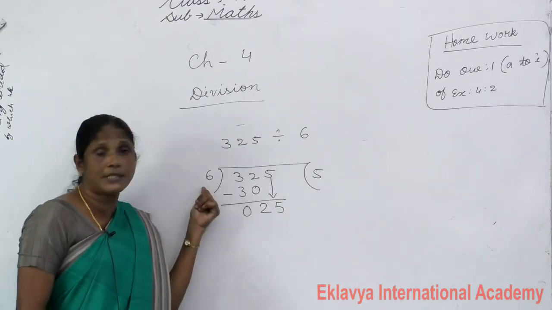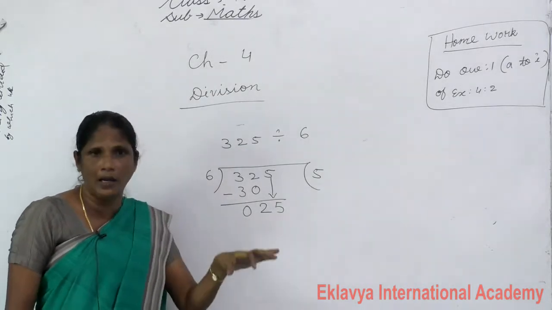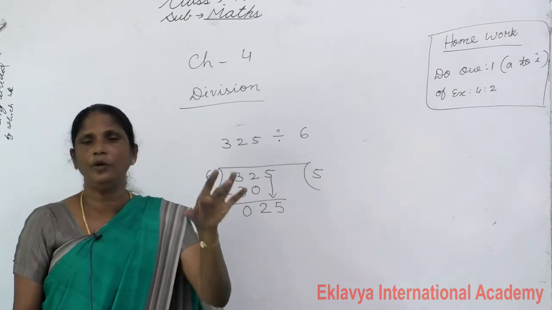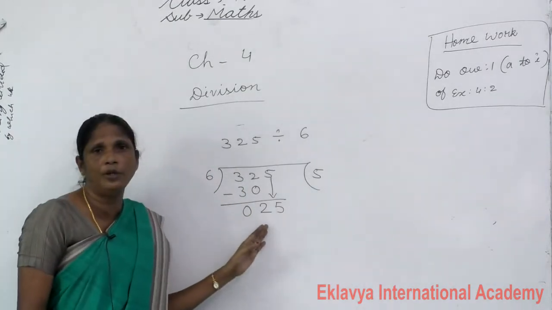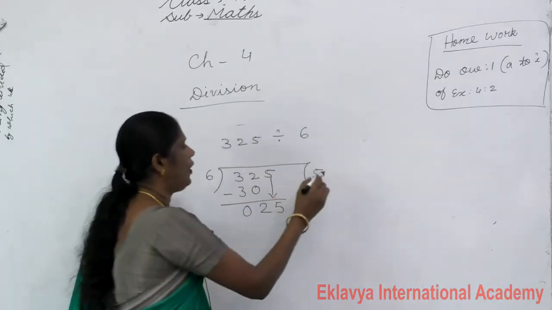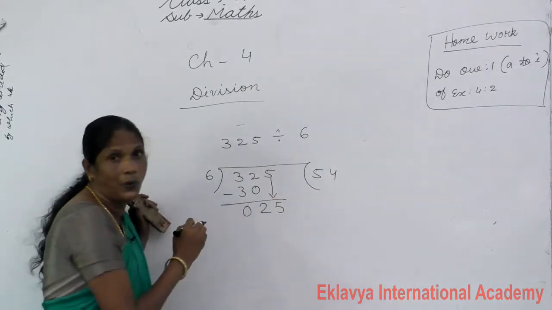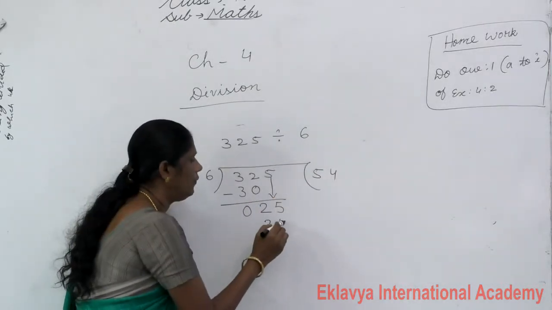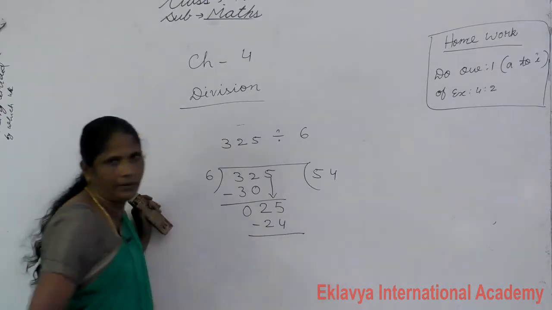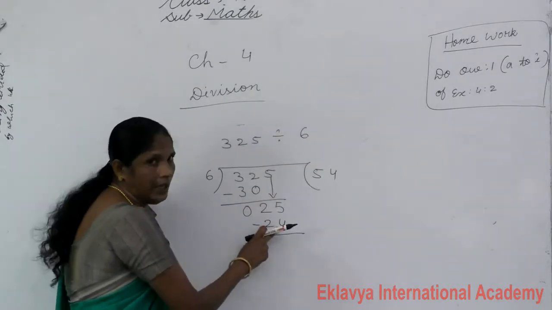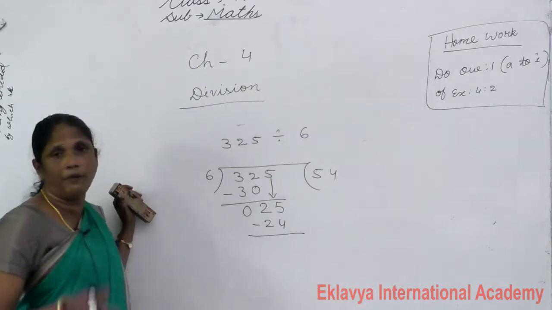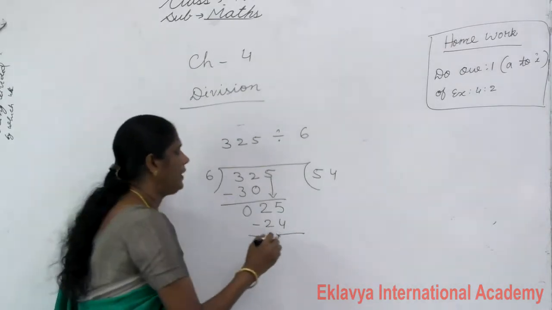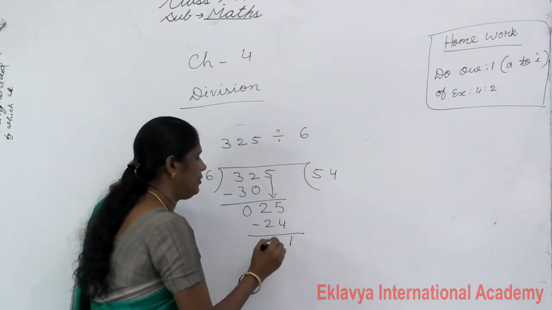From the table of sets, how many times does 6 come in 25? 4 times. 6 4 ja 24. Then subtract, 5 take away 4. We get 1, then 0.